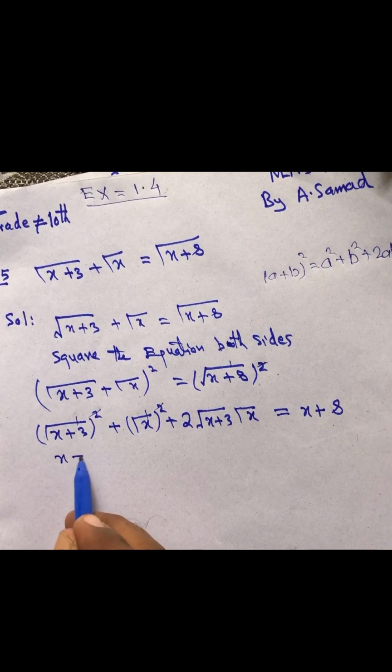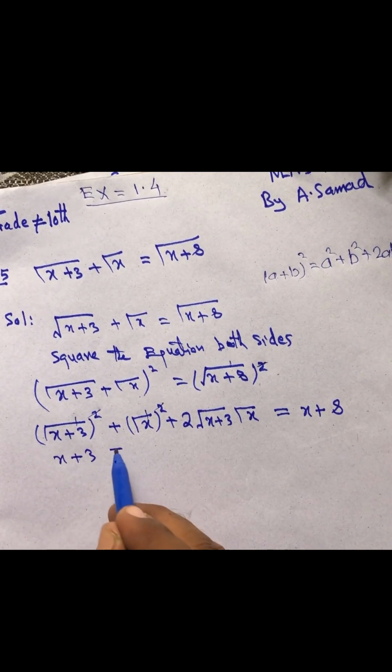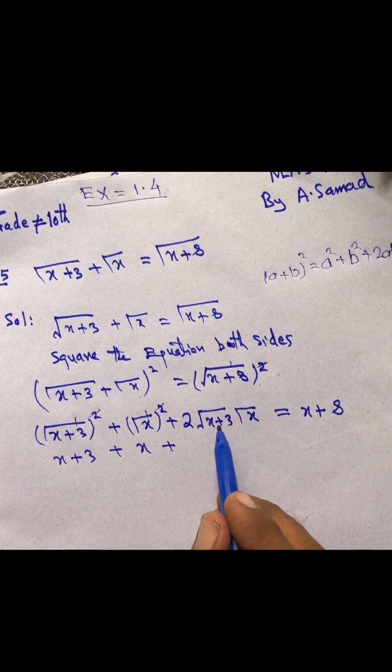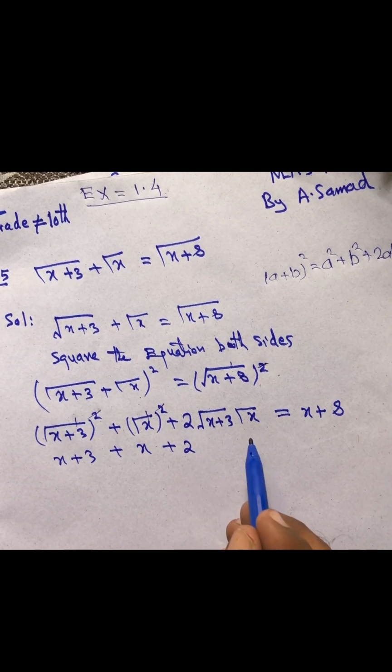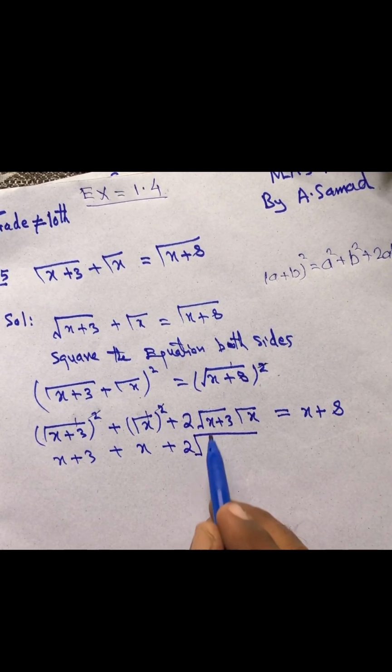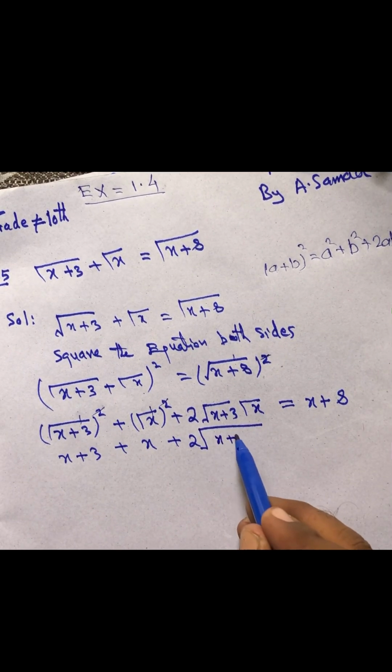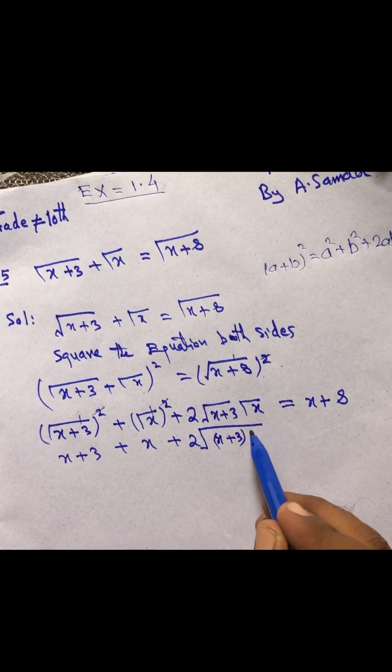We are having further square root of x plus 3 times square root of x, where both radical signs exist. While two radical signs are being multiplied, we can write them within one radical sign: square root of (x plus 3) into x.